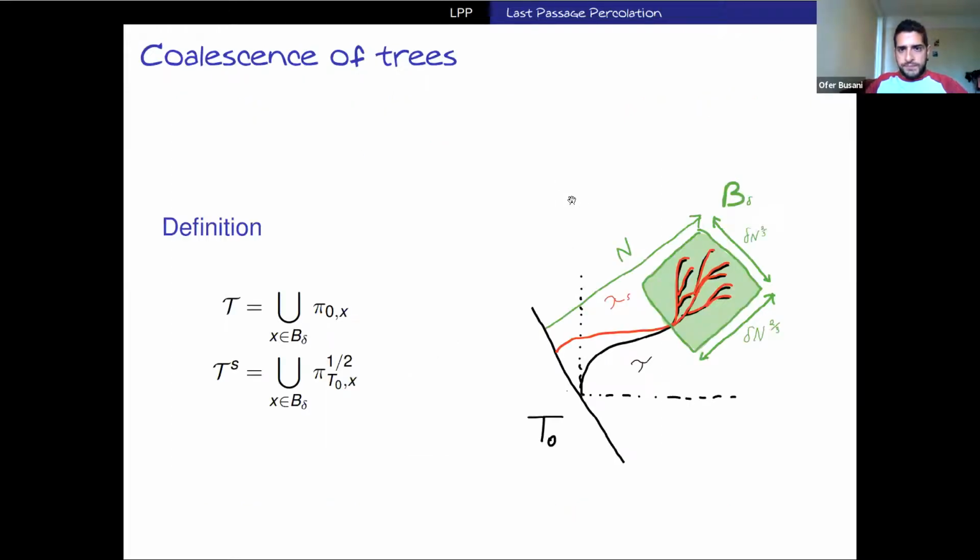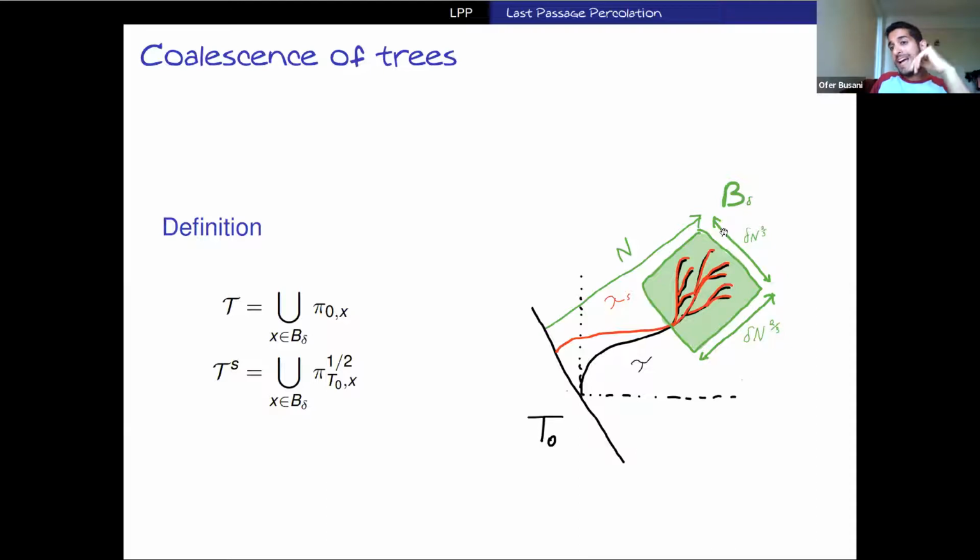Let's define things more concretely. The point-to-point geodesic tree we will define to be the collection of all the geodesics starting from the origin and terminating somewhere in a small box that is located n away from the origin.